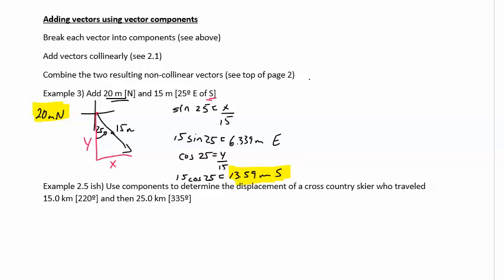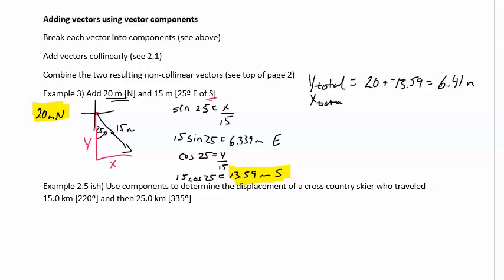That means that the y total is going to be 20 plus negative 13.59. That gets us a total of positive 6.41 meters, or 6.41 meters north.